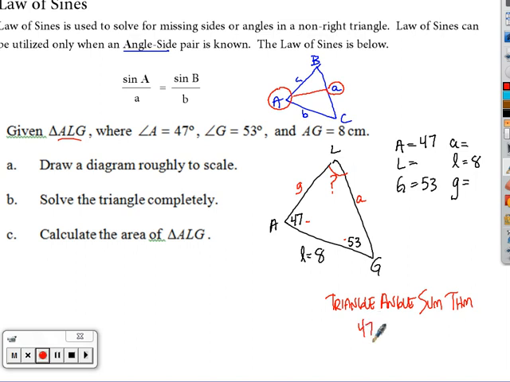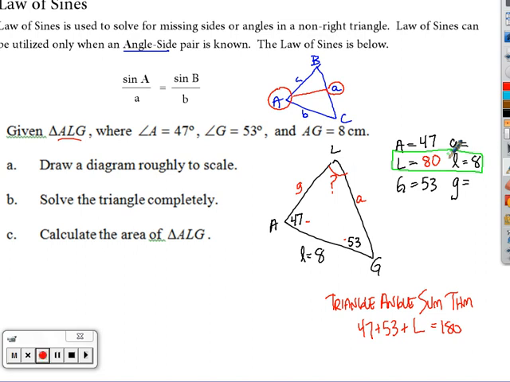So 47 plus 53 plus angle L has to equal 180. So 47 plus 53 makes 100, which means angle L has to be 80. Now that I found angle L, I have the angle-side pair that I need to use law of sines.